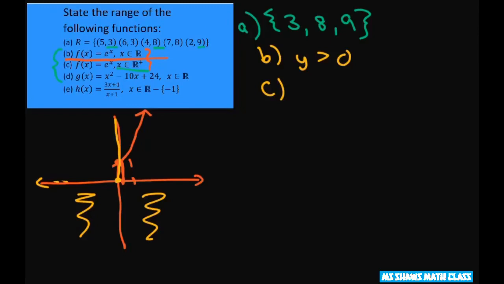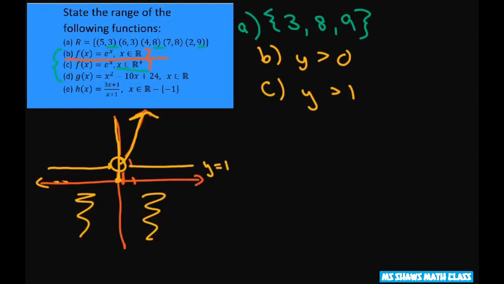So if we start really close to 0, our range is going to start really close to 1. This line is y equals 1. So we're going to write y is greater than 1. So it gets close to that. If you graphed it, it would be like an open interval there. All right, and you're starting at 1.